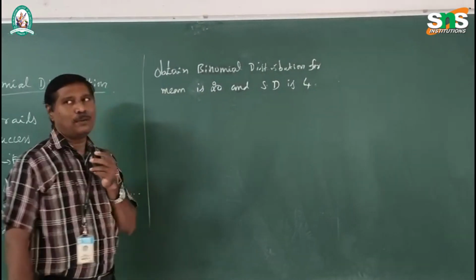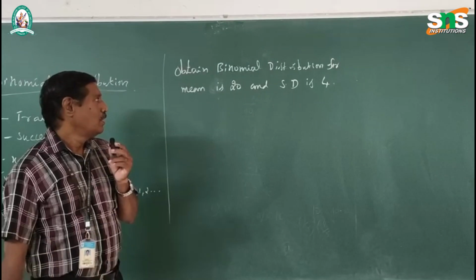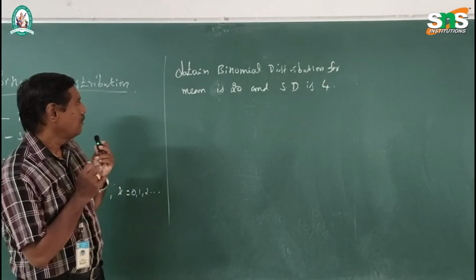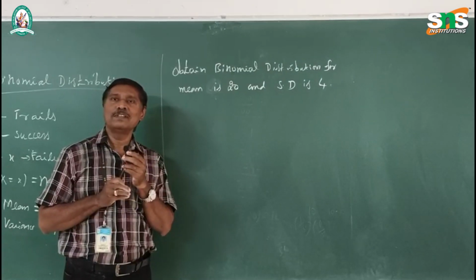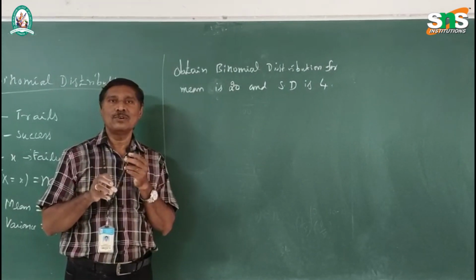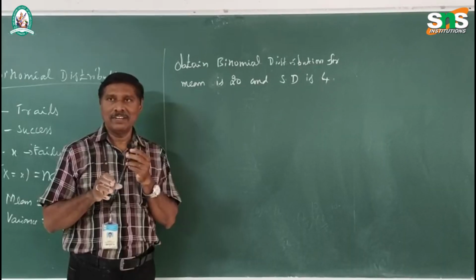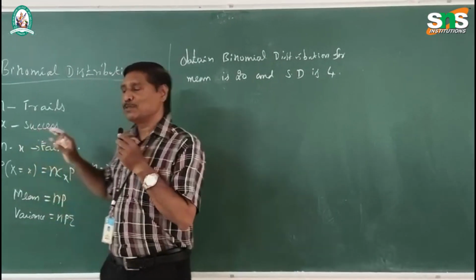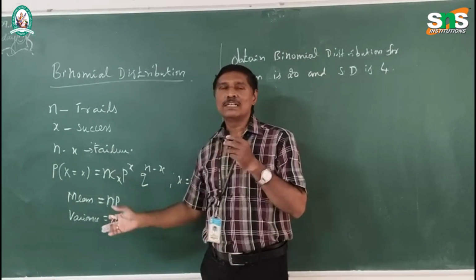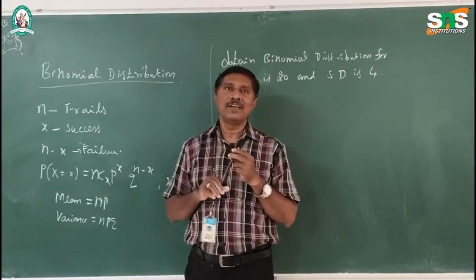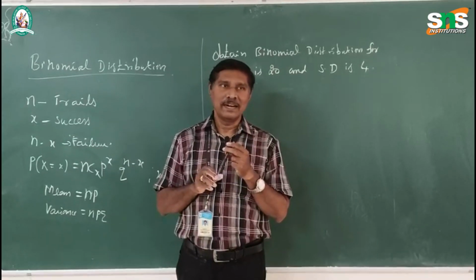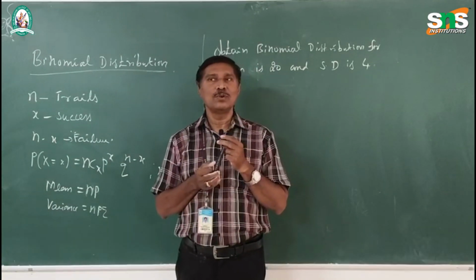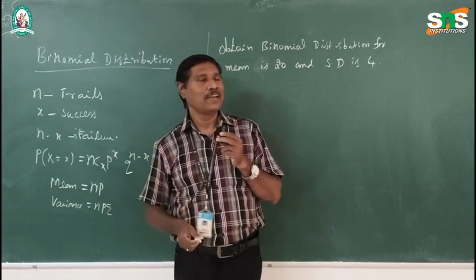So we calculate the binomial distribution using these two. Standard deviation tells how close the data are to the average. But in the binomial distribution, we have variance. What is the relation between standard deviation and variance? Standard deviation is the square root of variance. From that we derive the variance also.